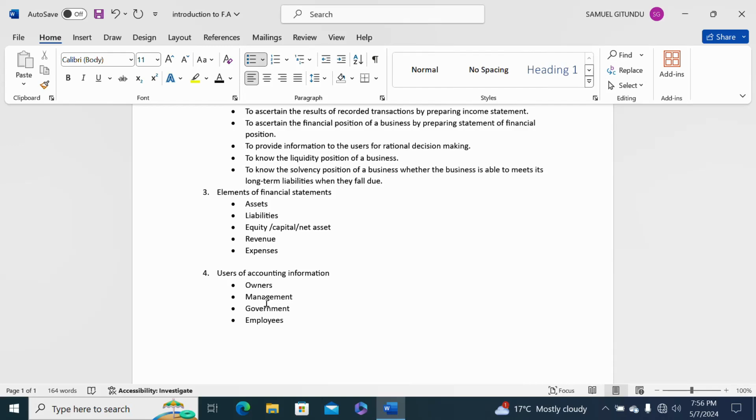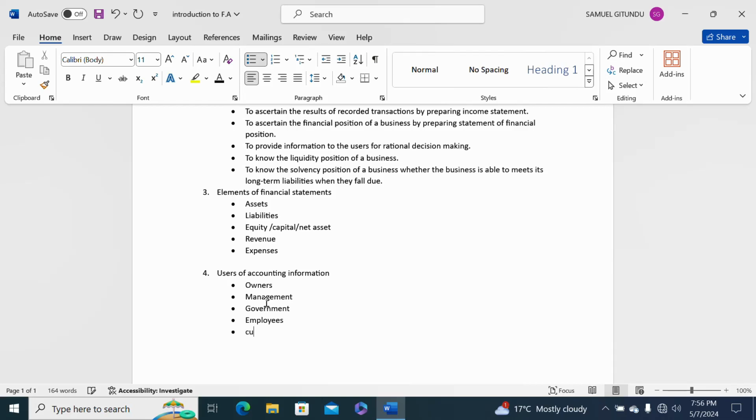Then they also need to know whether the business is providing the relevant benefit that is due to them. So employees are also some of the people that require the accounting information.